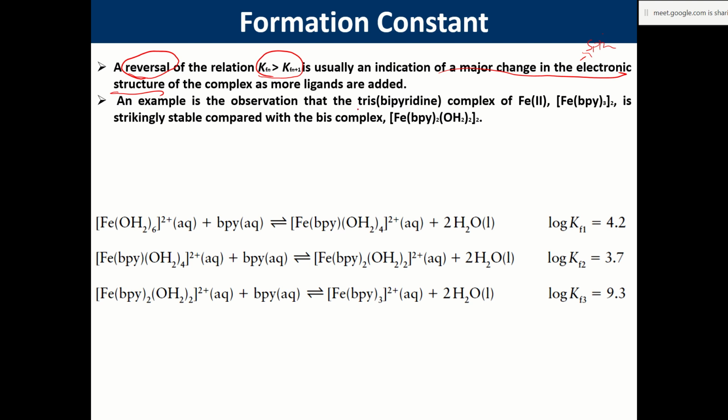Taking the example of bipyridine as a ligand, when it is reacted with Fe2+ in water. So this is your Fe2+ complex. Bipyridine is the ligand, and then you start with gradual replacement. It is a bidentate ligand.